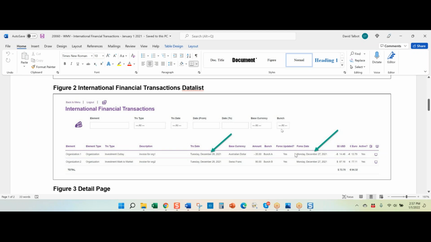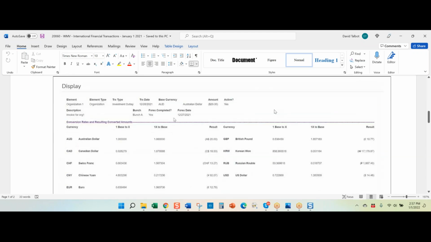After you put in a transaction, it takes on average slightly less than a minute before we've gone out to Fixer to get the international currency rates. That means we are not held up on the data page if Fixer is slow or something like that. So let's have a look at a detail.